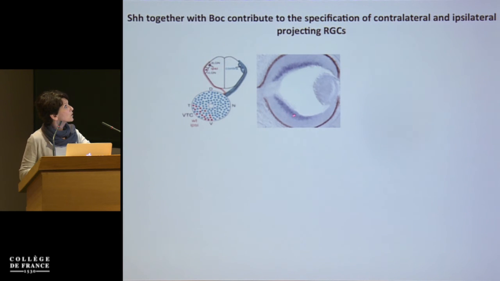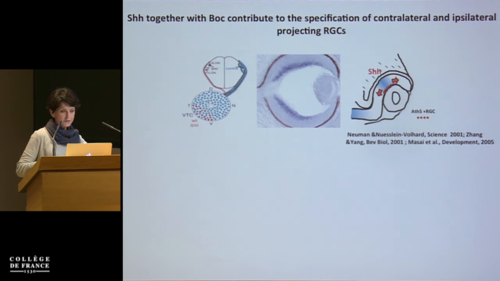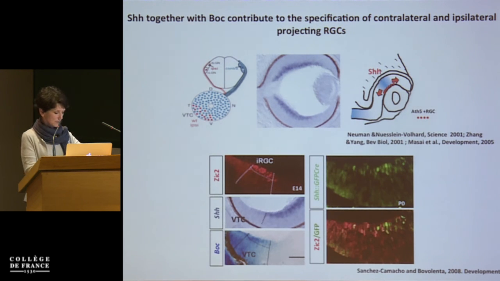Notably, contralateral projecting neurons express sonic hedgehog, but ipsilateral projecting neurons do not. And this is actually better visualized in this immunocytochemistry over here.